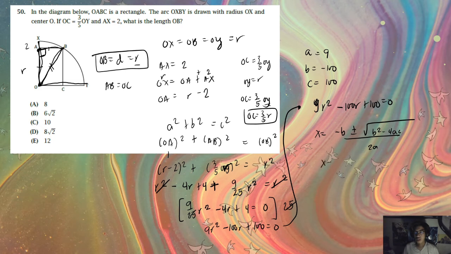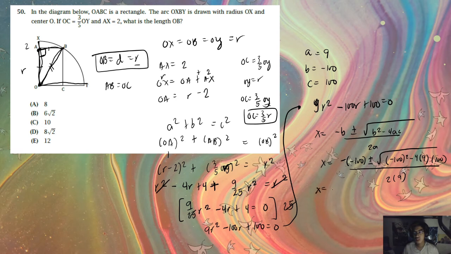So x is going to be equal to negative times negative 100 plus or minus the square root of negative 100 squared minus 4 times 9 times 100, all over 2 times 9.